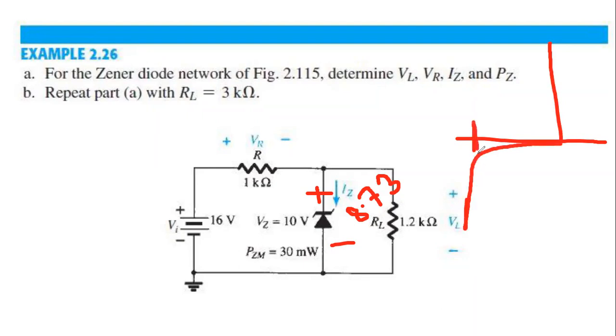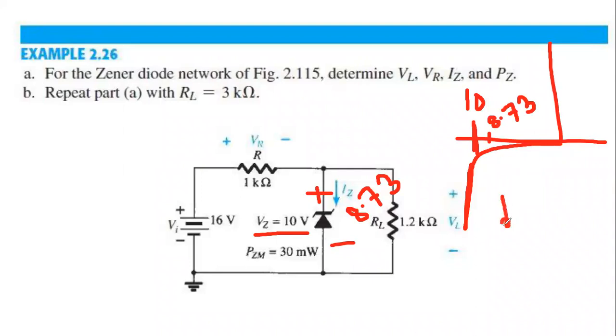At this point, the Zener voltage is 10 volt. To enter this region, you need at least 10 volt. That is given here, VZ equals 10 volt. But in our Zener diode, the applied voltage is 8.73. So that's why it has not entered the Zener region, so it will be just like an open circuit.